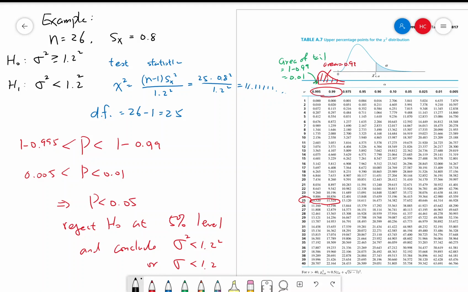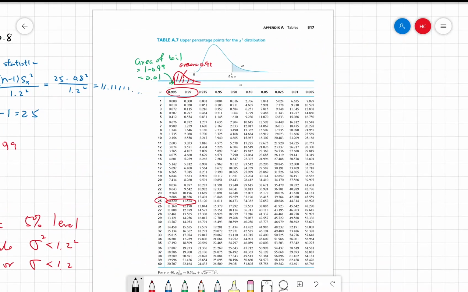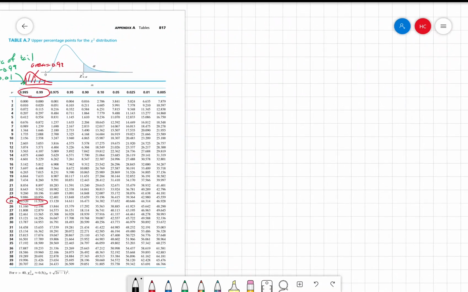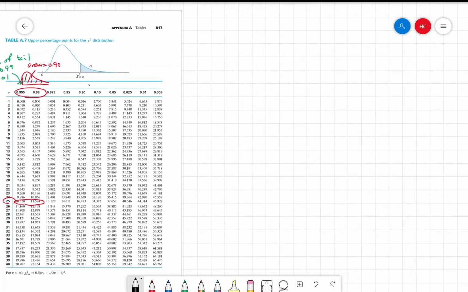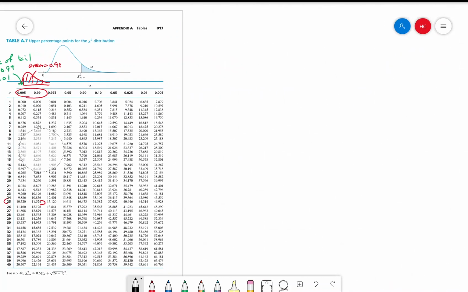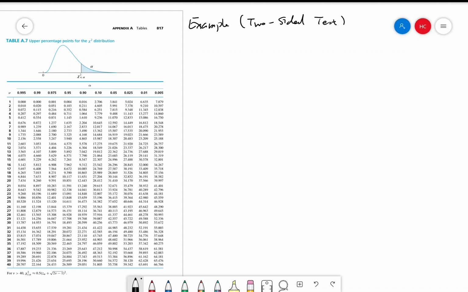Alright, so let's do an example of the two-sided test. So let's move the table over. Let's erase all these. Okay, so let's suppose our sample size is 16 and our sample standard deviation is 1.3.